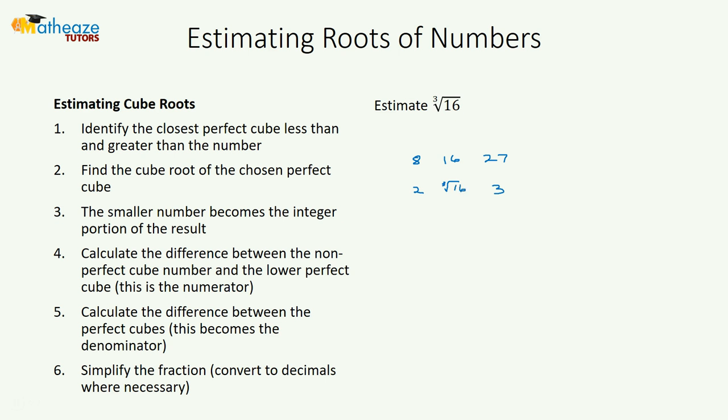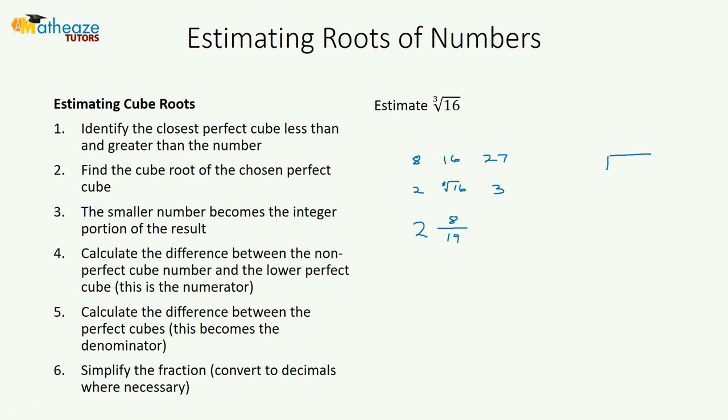So we're going to start with 2, which is the lower cube here. And then we're going to estimate the distance between 8 and 16, which gives us 8, and 8 and 27 gives us 19.